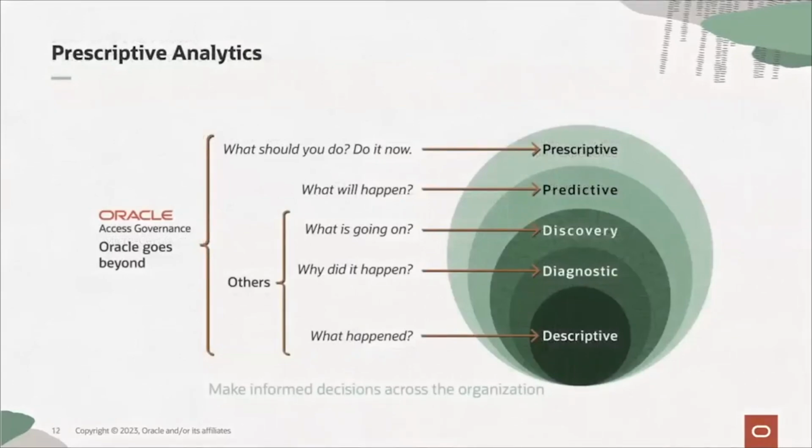The differentiator of access governance is around prescriptive analytics. Most vendors in this space fall short, where they focus on descriptive or diagnostic analytics, which provide information about what happened, for example a message or a log file. But we go beyond discovery and predictive, where we say what the user should do, whether a user should approve or deny, and why.